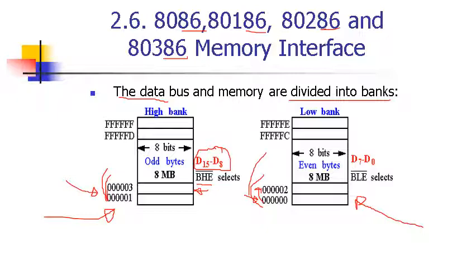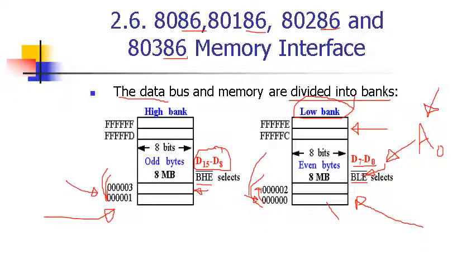Your low bank deals with D0 to D7 of your data bus, and you select this low bank by making BLE active, or sending a 0 signal to this. And again, we send a signal to activate this low bank through A0, the least significant address bit.